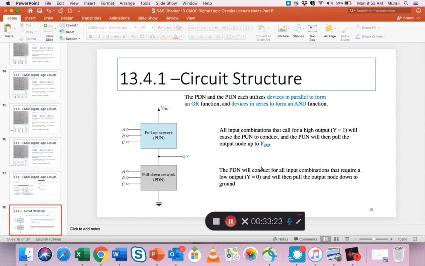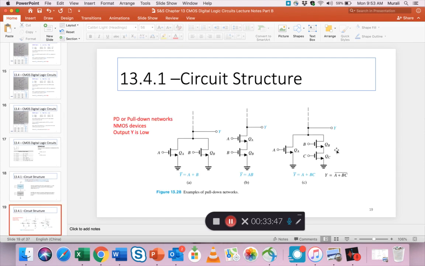Same way the PDN will conduct for all input combinations that require a low output. There may be many things here, but bottom line is we want that Y to become low, then this will work. This will function, this will turn on, and it will pull the output node down to 0. Okay? All right, let's move on.